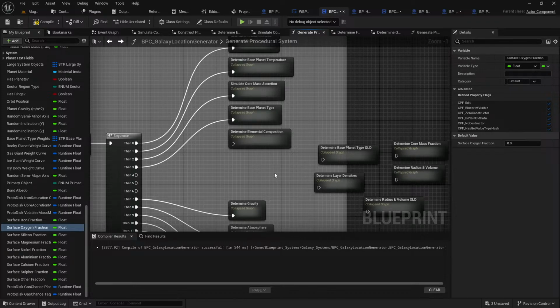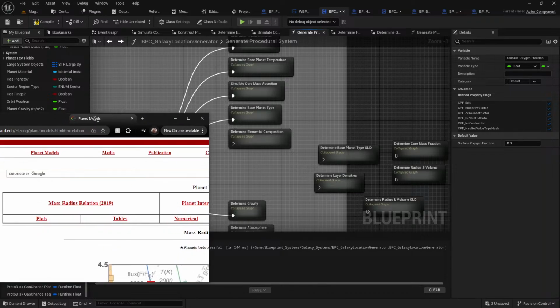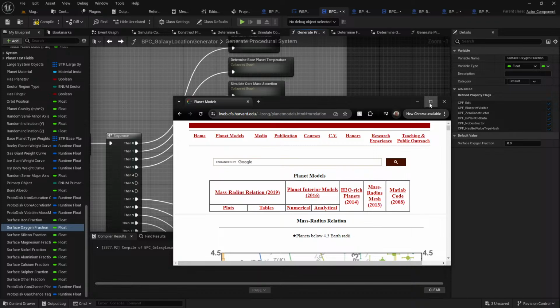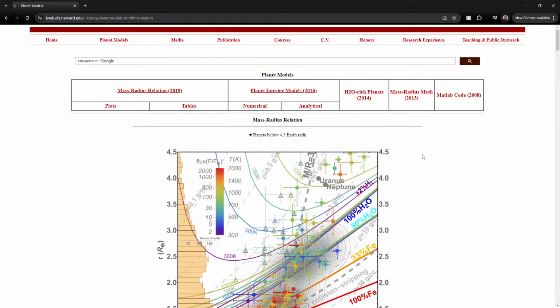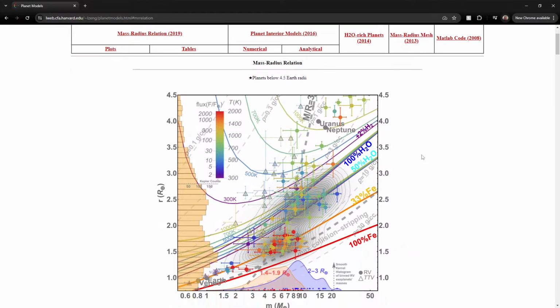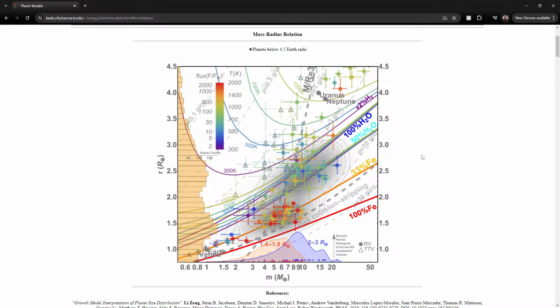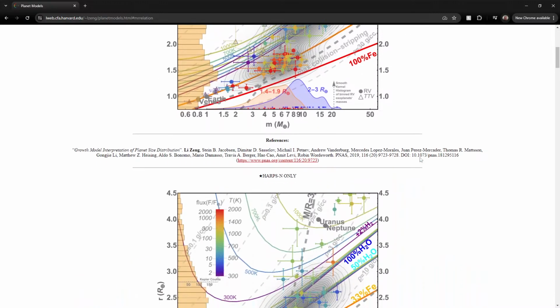So something else I was looking at is I found a really good website, which I don't think I have the link to, or do I? Oh yes, I do, this one. So apologise for blinding everyone. But this site is really good at showing the relationship between mass and radius for planets.